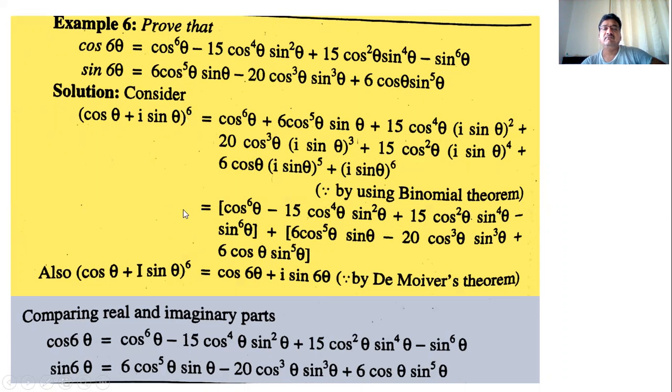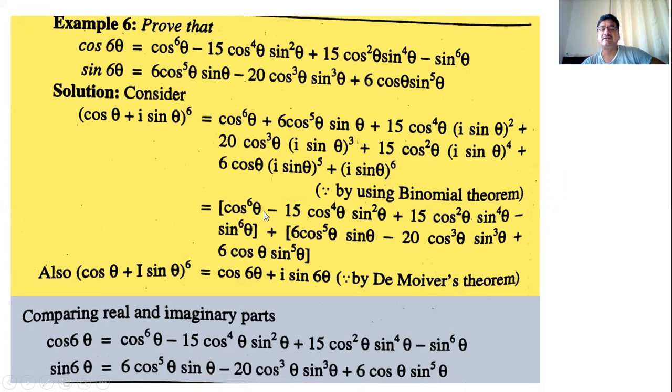Okay. So we have the answer cos raised to 6 theta. If you search binomial theorem on Google, we have the expansion of all these brackets. So cos raised to 6 theta minus 15 cos raised to 4 theta sine square theta, since I square is minus 1.